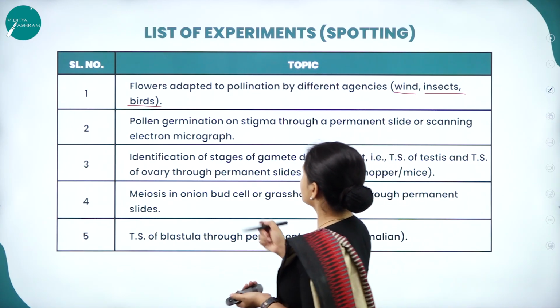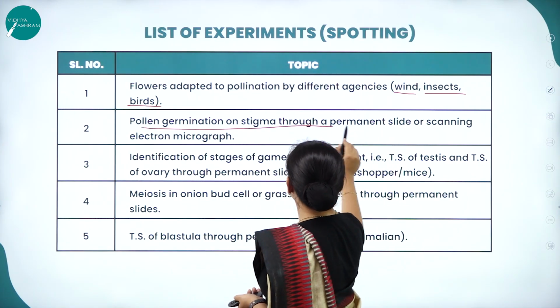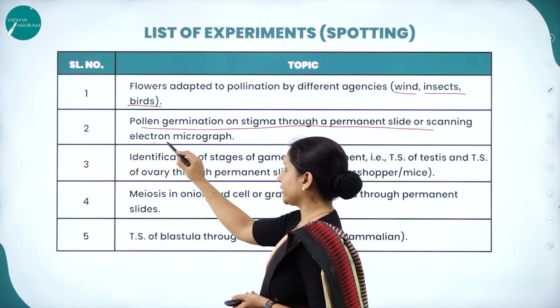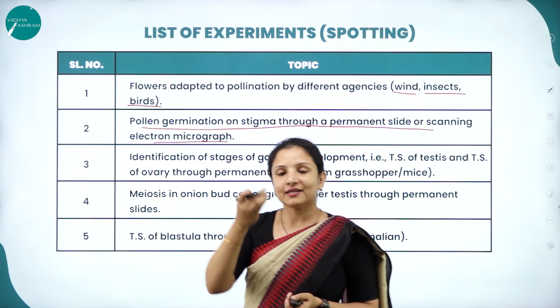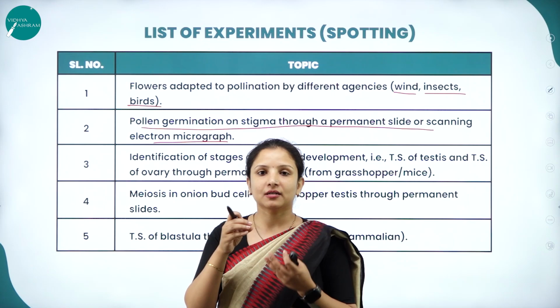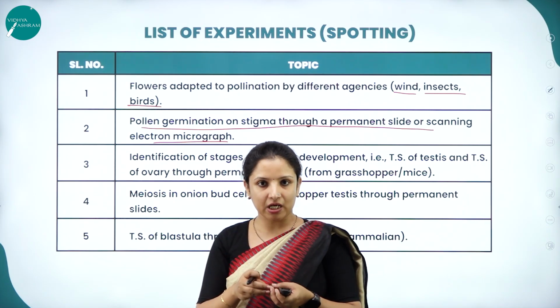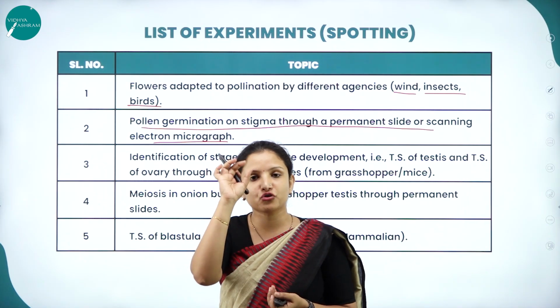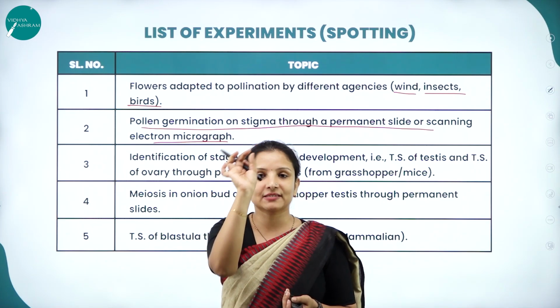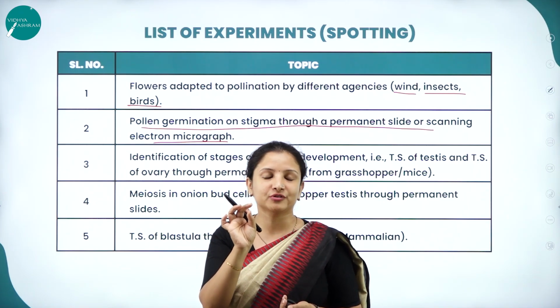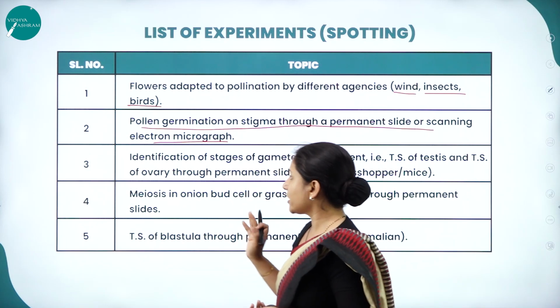So next is pollen germination on stigma through permanent slide or scanning electron microscope. So already a stigma which is being squashed and which is being stained will be kept. So you can see pollen grains on the stigma which has germinated and produced its pollen tube. So that you need to identify.